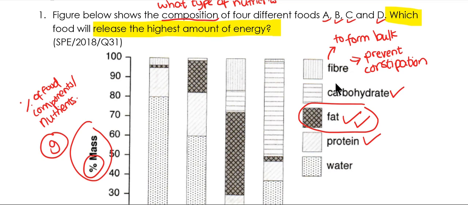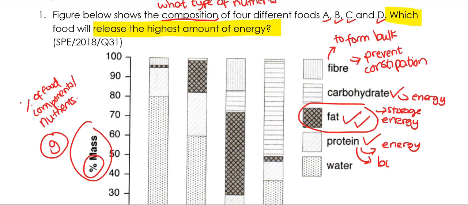As for carbohydrates, of course, it's a lot about energy during cellular respiration, and fat is also energy, but we also use it as a storage substance around the kidney and under the skin. Protein actually is used for energy, but mostly to build cells.